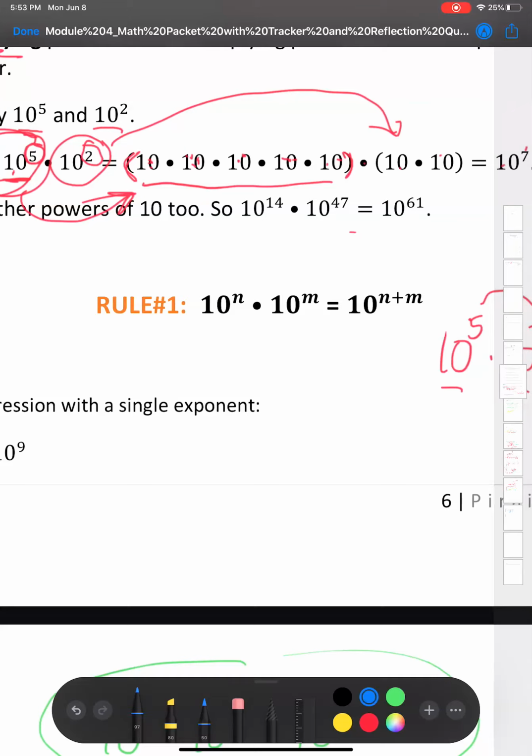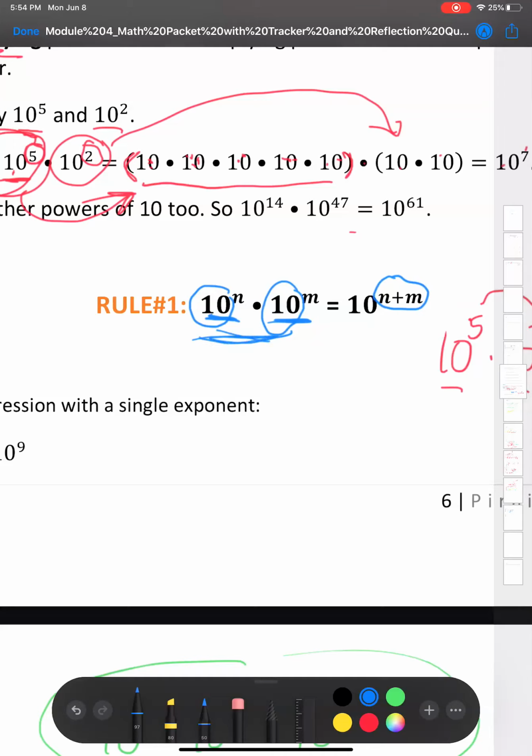So as you can see in rule number 1, when we are multiplying powers of 10, you are adding the exponents. If you notice here, 10 is our base. So in both of these numbers, we have the same base. The base is 10, but we're multiplying two numbers with the same base.